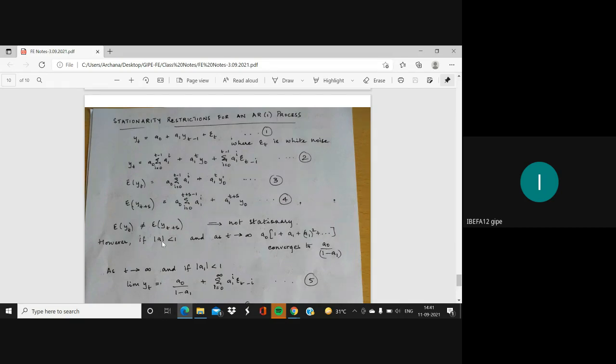we assume that the absolute value of a1 is less than 1. And if t tends to infinity, as our sample grows larger and larger, then this term, which is again an infinite sum, converges to this term, a0 by 1 minus a1. So let's assume that t tends to infinity and that the absolute value of a1 is less than 1.